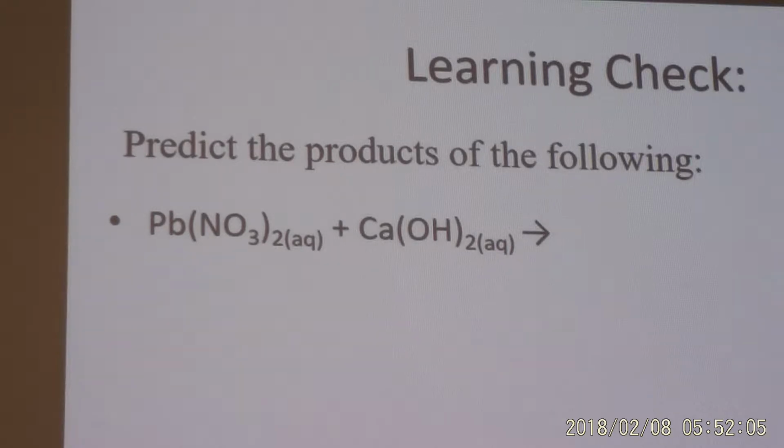And then do we write the charges also? If you were to have to write the ionic equation, but not now. Right now we need to predict the products. After we look at the predicted products, we do have to identify whether or not they're soluble, which is using our solubility rules.